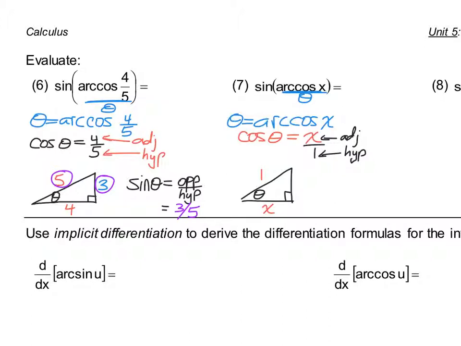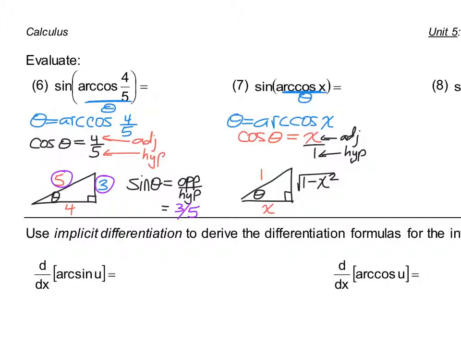I'm going to need the sine ratio, which is the opposite over the hypotenuse. So I'm going to need to do basically what I did here, which is going to require me to figure out the missing side. Not a Pythagorean triple anymore, but not impossible to figure out. Square root of what? 1 squared minus x squared, which I'm going to simplify to just 1 minus x squared. Good.